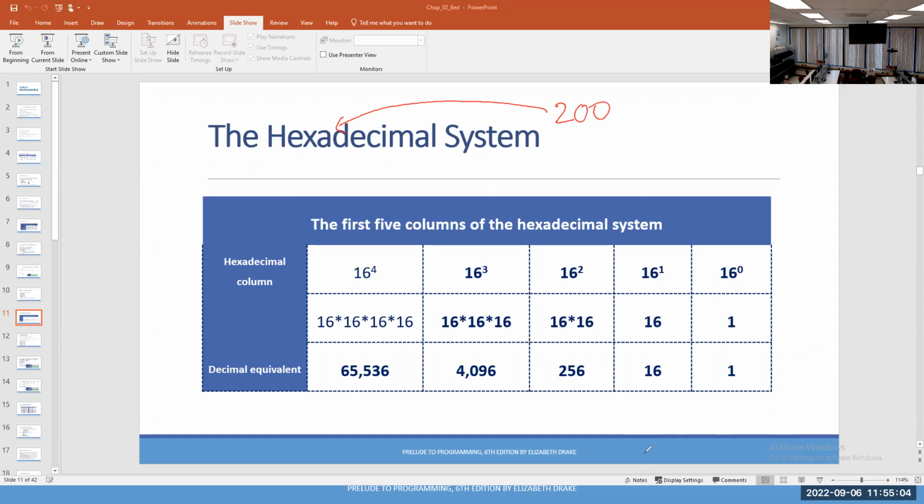What is the number of 200 in decimal into hexadecimal?